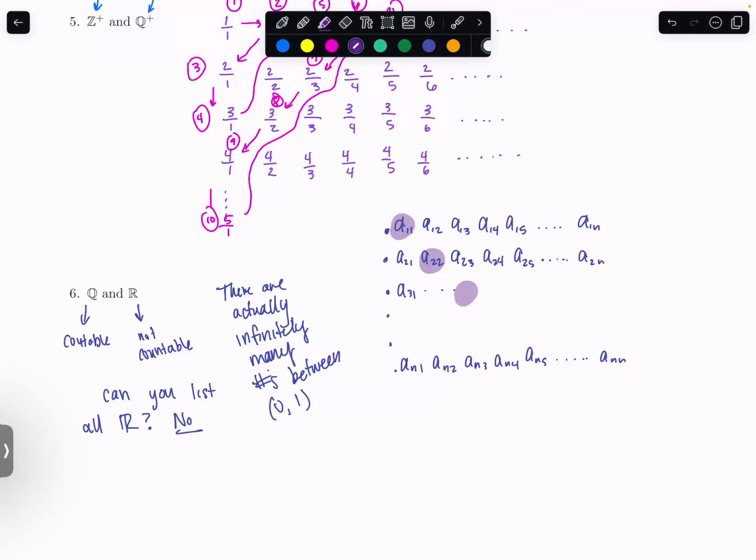You're looking at these diagonal entries, A11, we're coming up with this number D, which is A11, A22, A33, A44 to ANN. We'll call this D1, D2, D3, D4 for diagonal entry 4, and so on, DN here. So this is our number D.